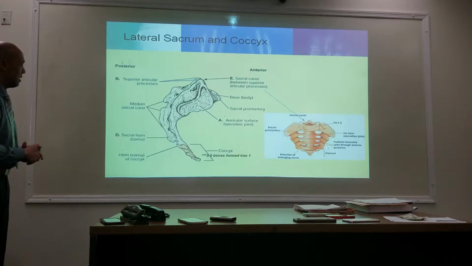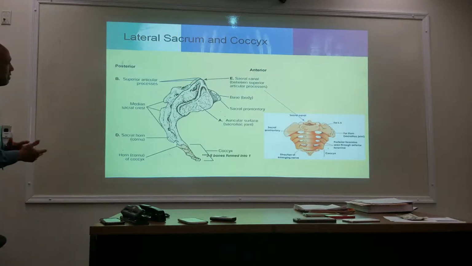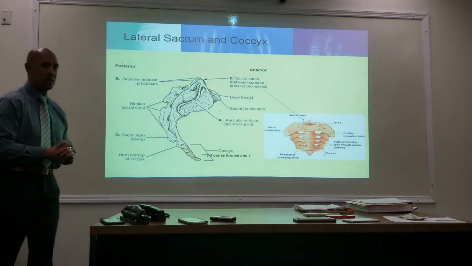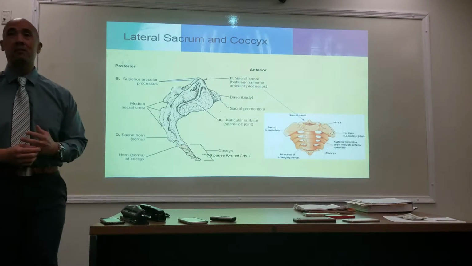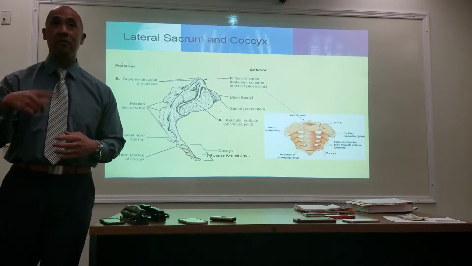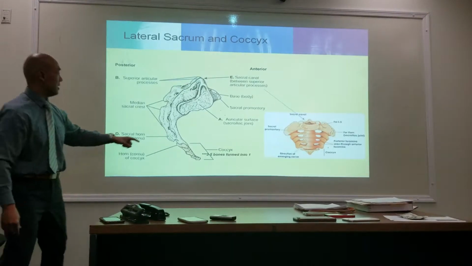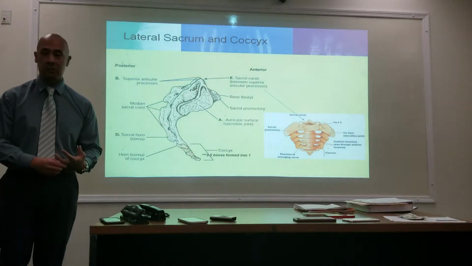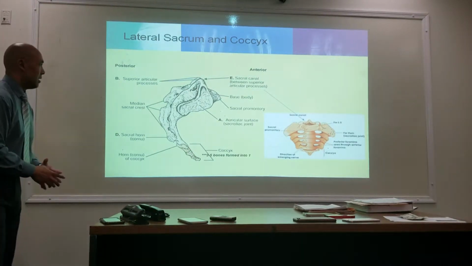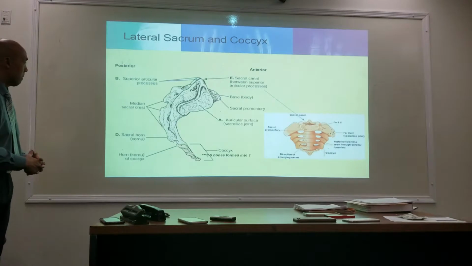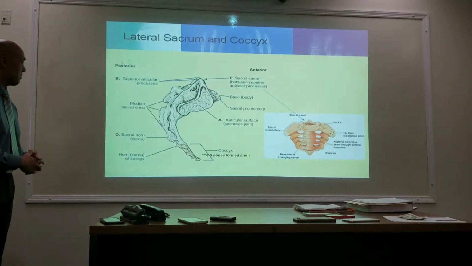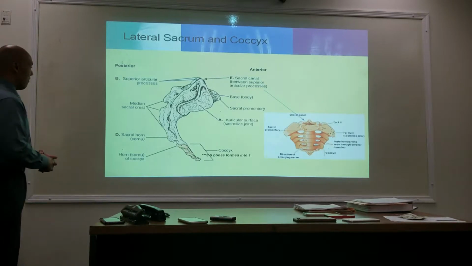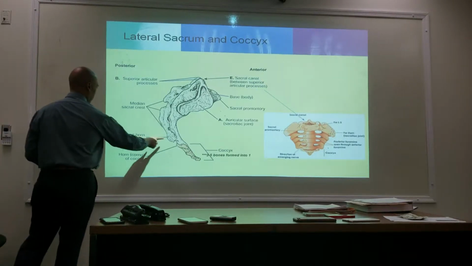The crest on the posterior of the sacrum, the median sacral crest, is analogous to the spinous process of the rest of the vertebrae. So these are the fused spinous processes of the sacrum. You have your horn, which is the very distal part.